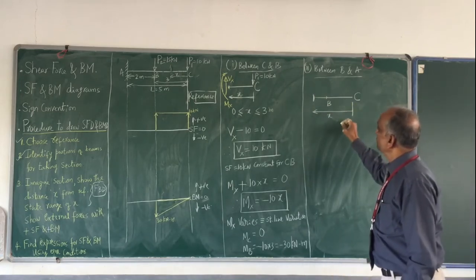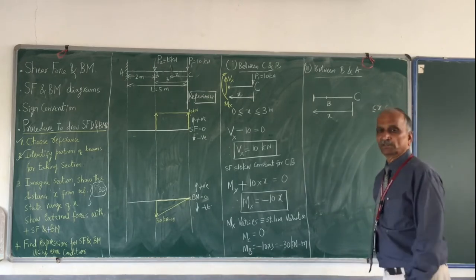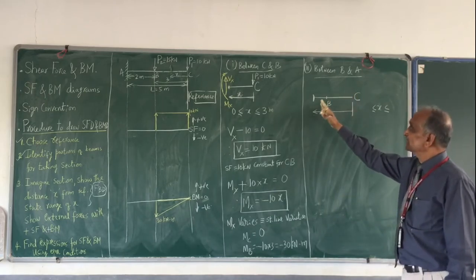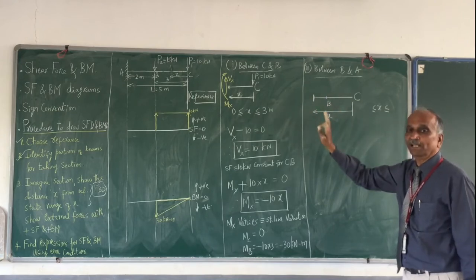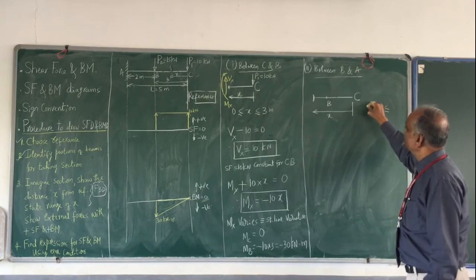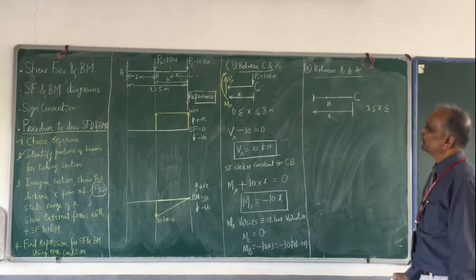What is the range of x? Please remember, the section should not go beyond B and A. The section should not come here. So the smallest value is 3 meters. And what is the largest value?